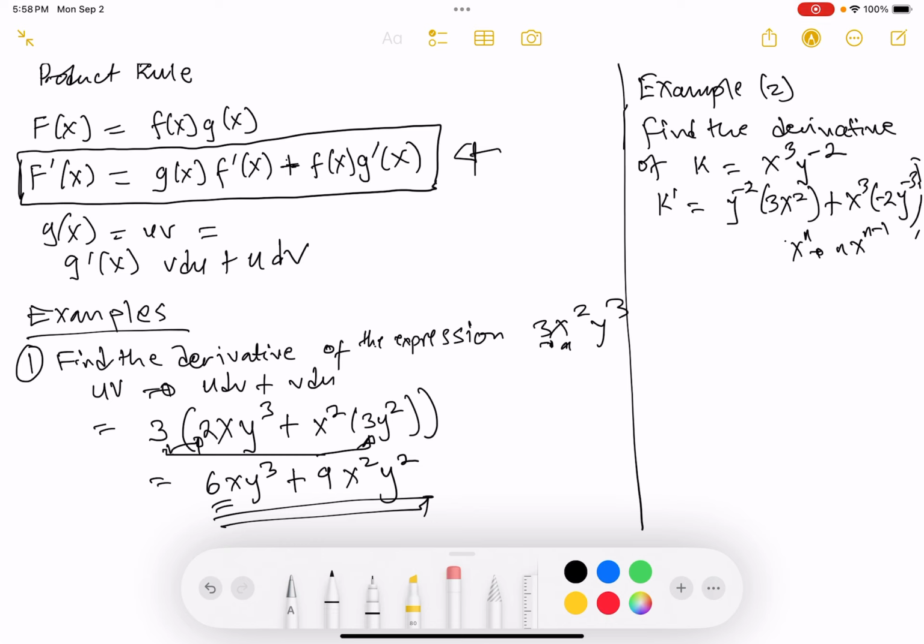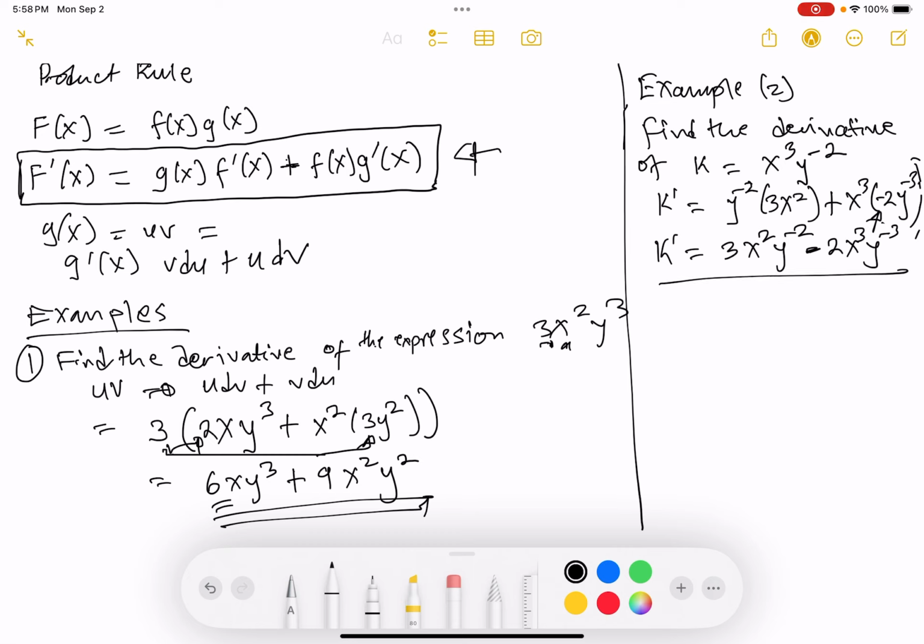Got it? Okay. So in this case, our derivative k prime is given by 3x squared y to the power minus 2, minus, because of that minus right there, 2x cubed y to the power of minus 3.